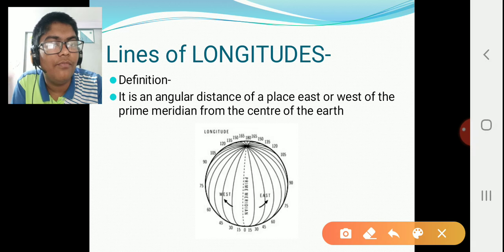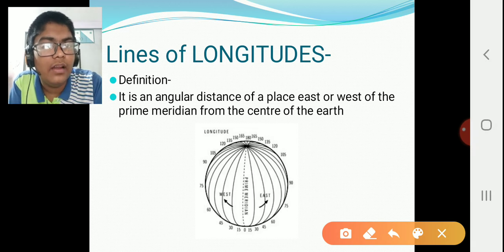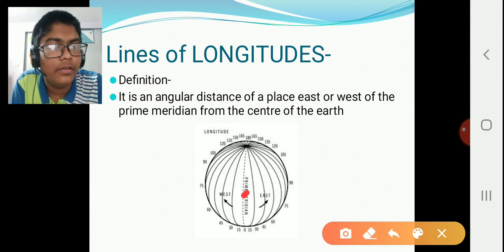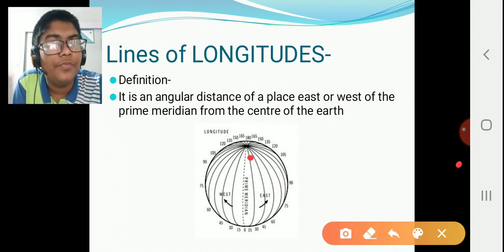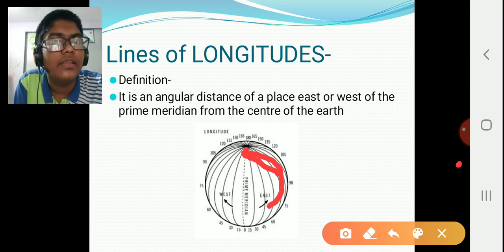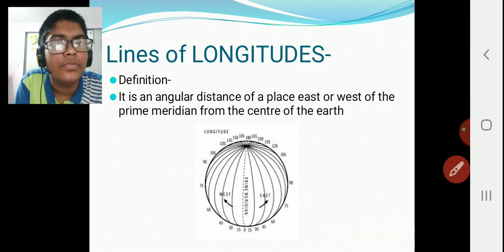To form the vertical line, the angle is taken from the center of the earth. So if it is this angle, then the longitude goes like this. Okay, now let's go ahead.